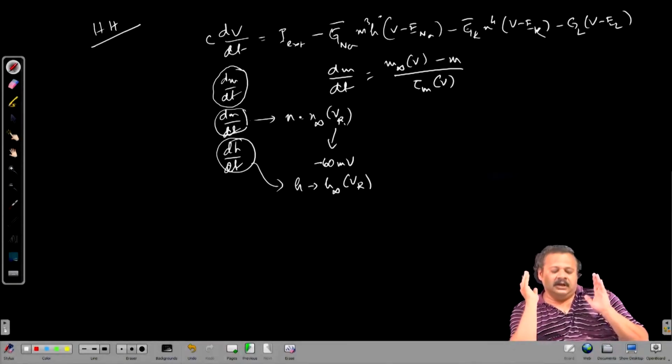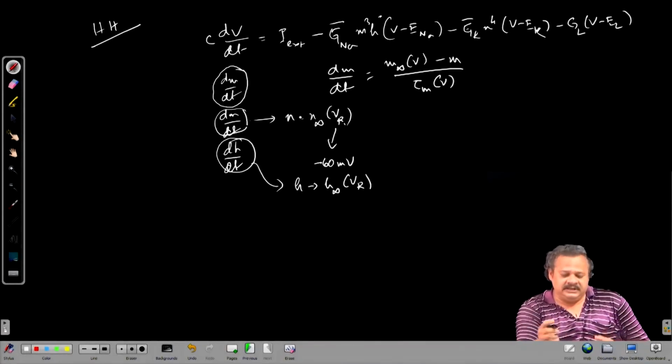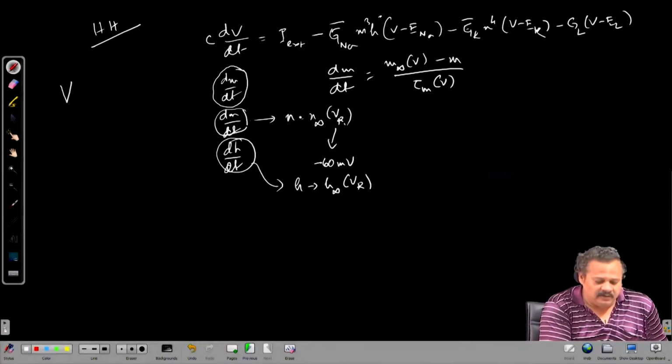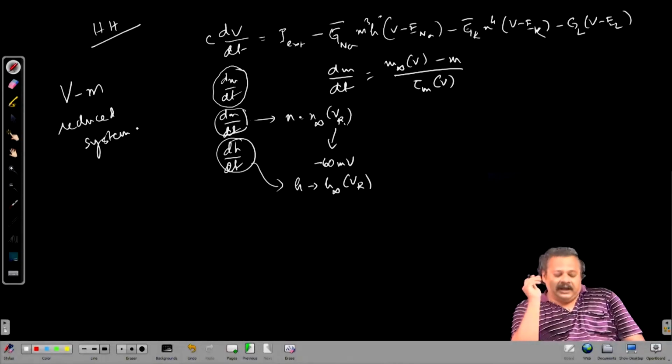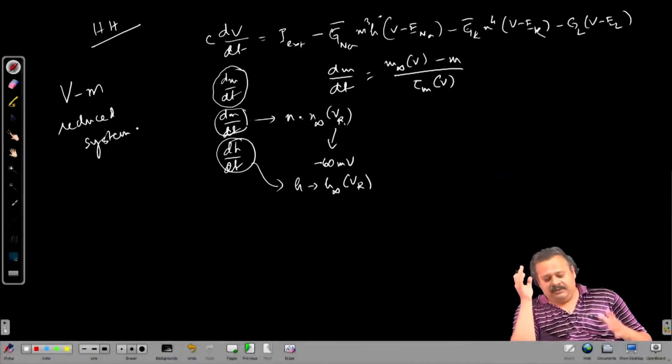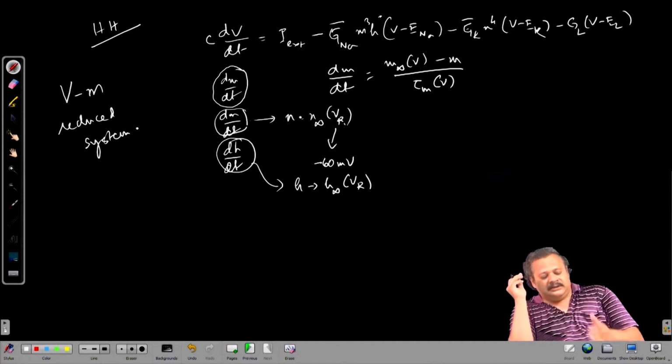Remember, we said that the validity of the reduced system, in this case the Vm reduced system of the Hodgkin-Huxley equations, holds only when the assumptions are valid, that is n is not changing, h is not changing.